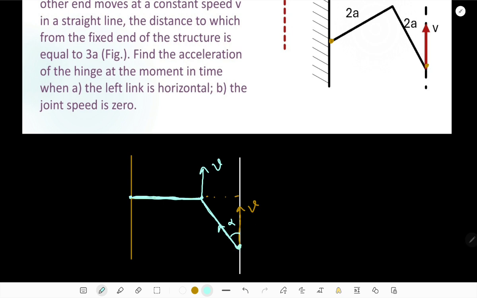This is the observer of an inertial frame, because its velocity is constant. Magnitude and direction are both constant, and this hinge is at rest with respect to our observer.